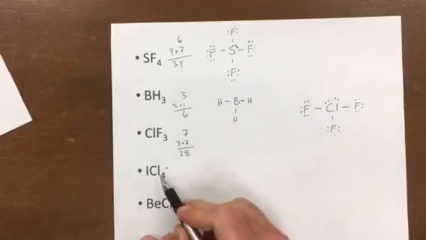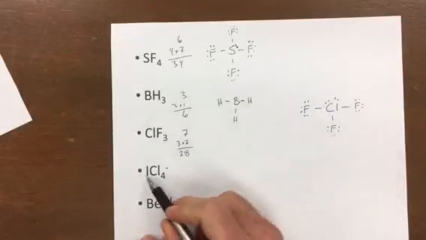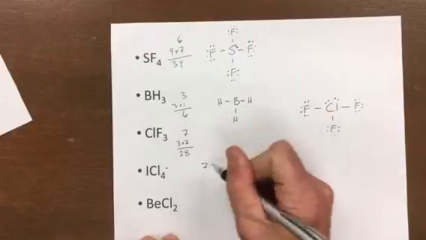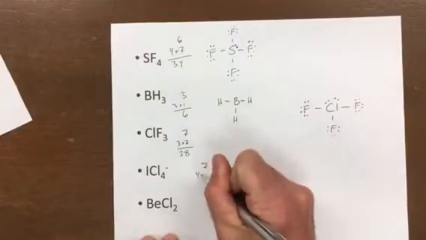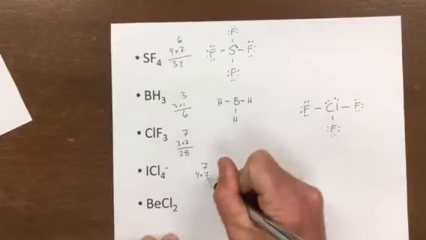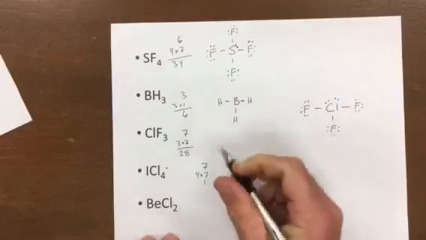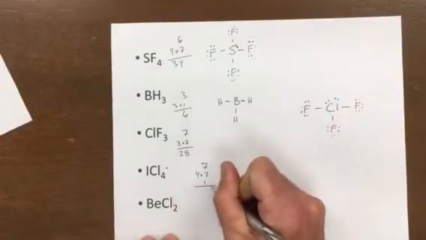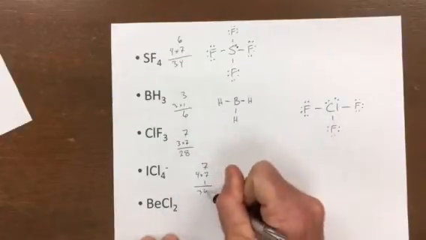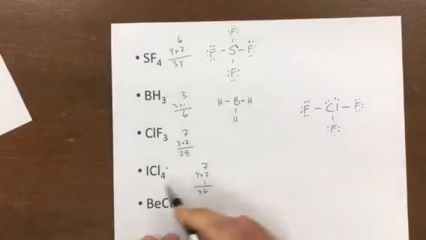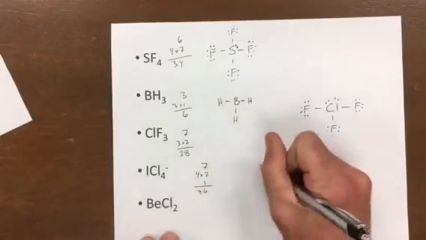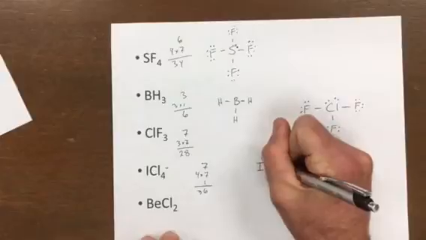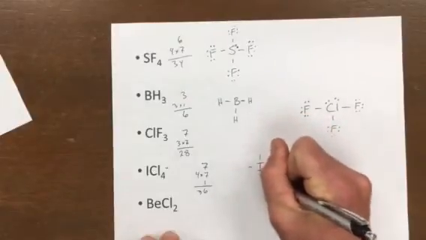ICl4 with a -1 charge. The iodine is bringing 7 valence electrons. We have 4 chlorines, which each bring 7. And then we have 1 extra because we have a -1 charge. So that's a total of 36 valence electrons that we need to place in this structure. Iodine is in the center, and then we have 4 chlorines attached to it.